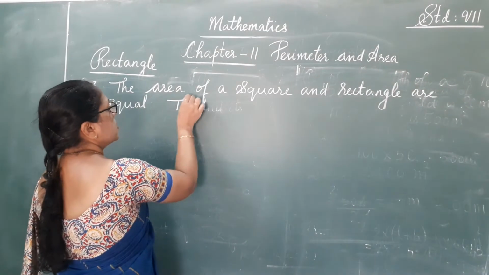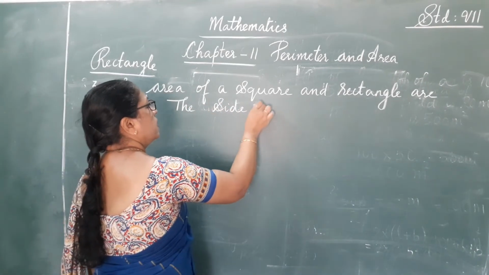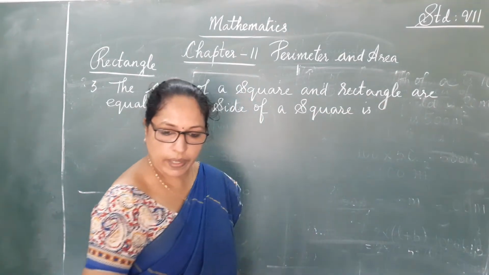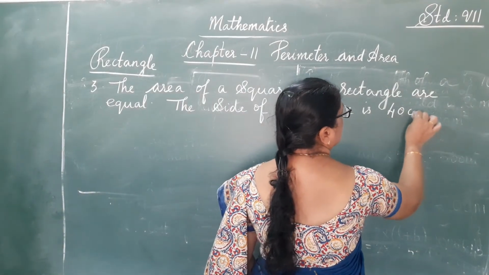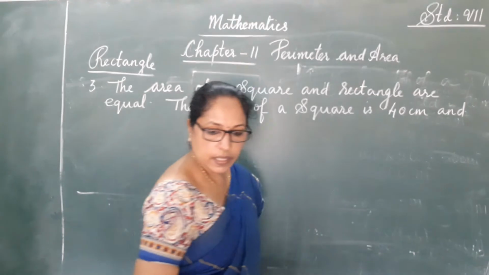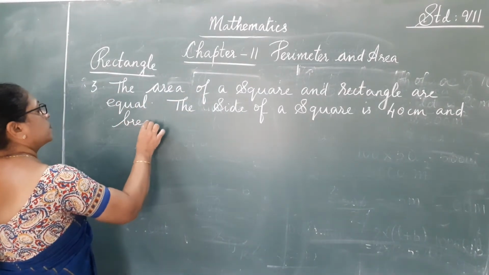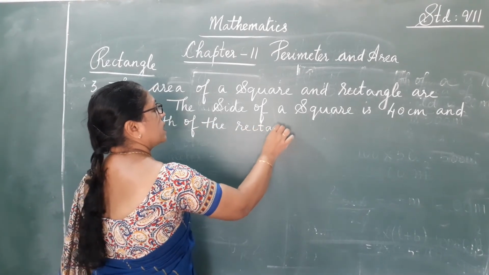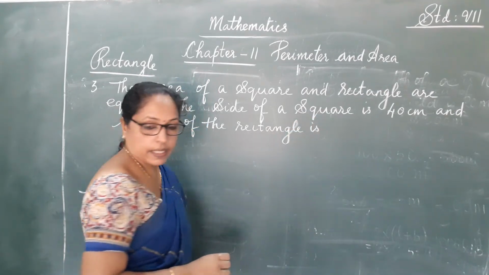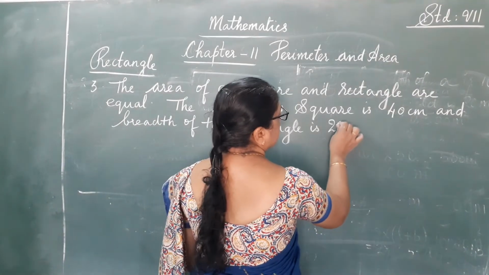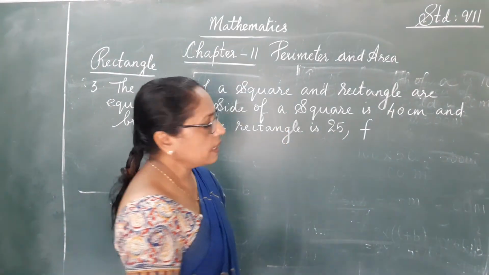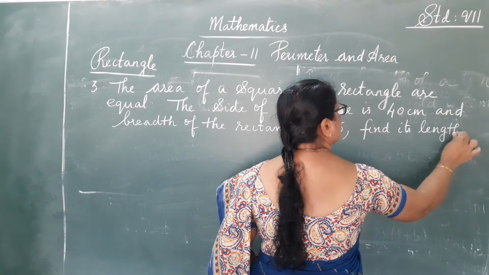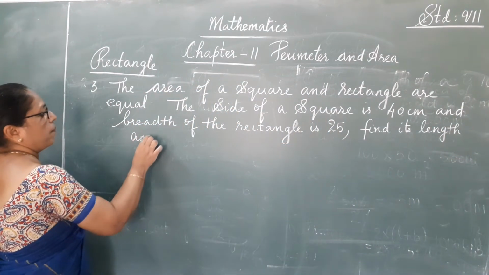The side of the square is 40 centimeter and the breadth of the rectangle is 25 centimeter. Find its length and perimeter.